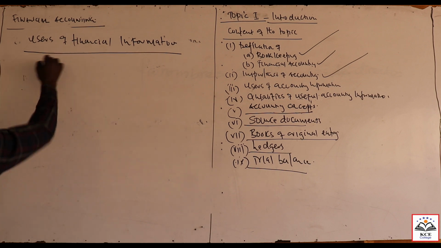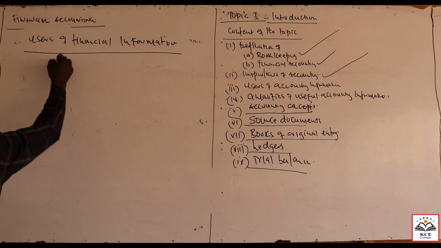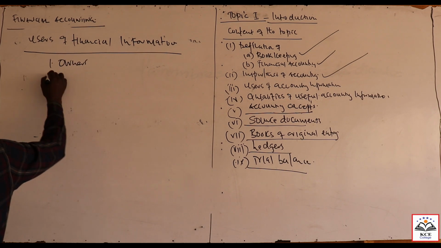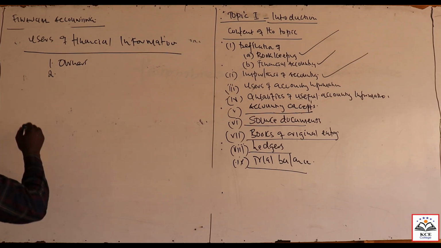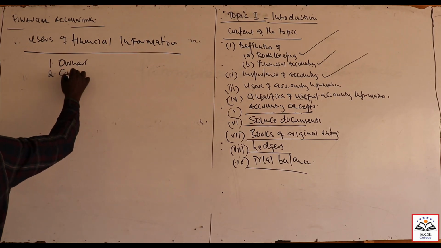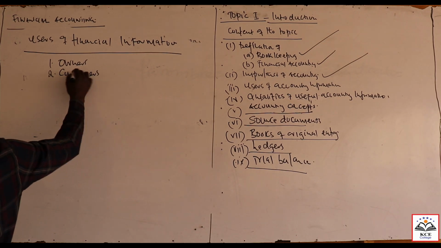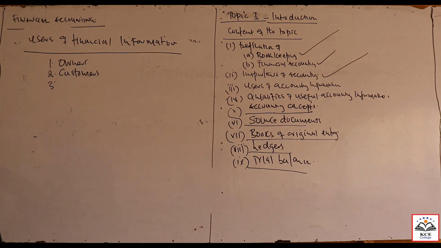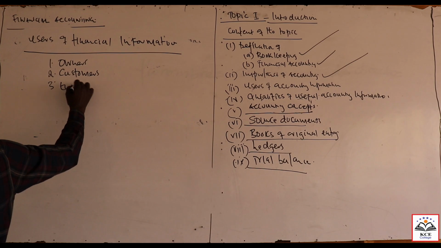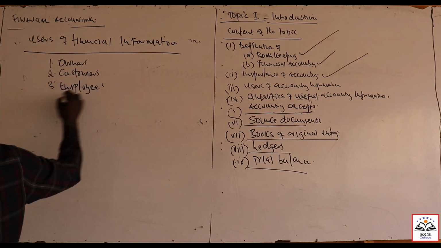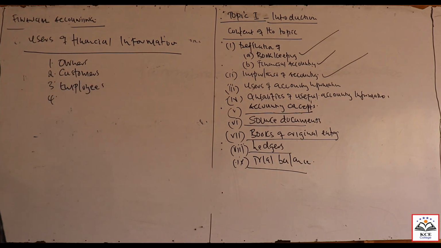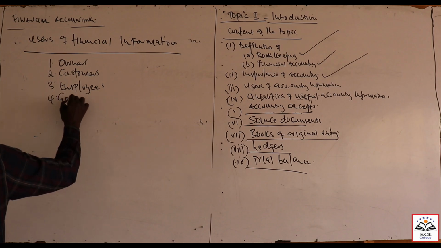So number one, we have the owners of the business. Number two, we have the customers. Number three, we have the employees. Number four, we have the government.